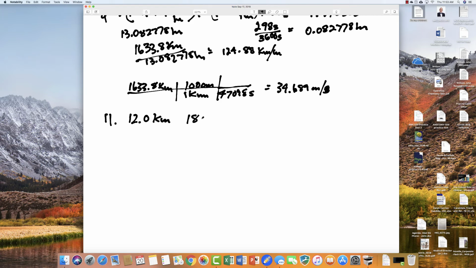Now the question here is, it doesn't specify the units. And so you could just take 12 divided by 18, and you end up with an answer in kilometers per minute.